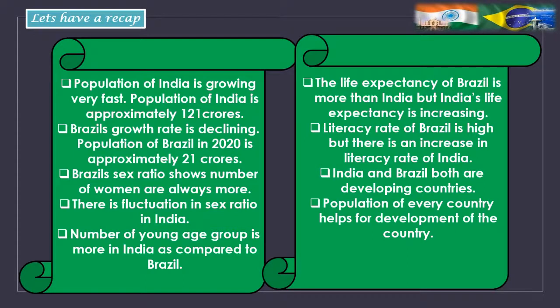The population of every country helps in the development of the nation. Every country should not have overpopulation or underpopulation, but there should be an optimum population for the development of the country. Today, both the countries, Brazil and India, are affected by coronavirus. A number of people have died due to this virus.